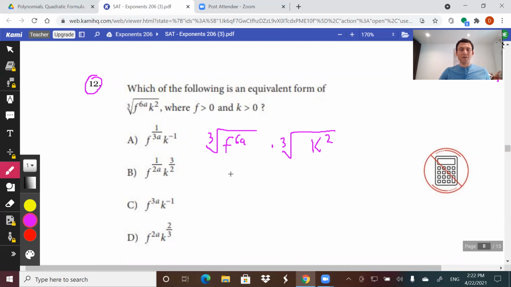If we write this as a fraction, this is going to be f to the 6a over 3, so really f to the 2a. This k one is a fraction, it's going to be k power over root, so power is 2, root is 3. So if we're looking for our match, I think we found it in D right here. There we go.